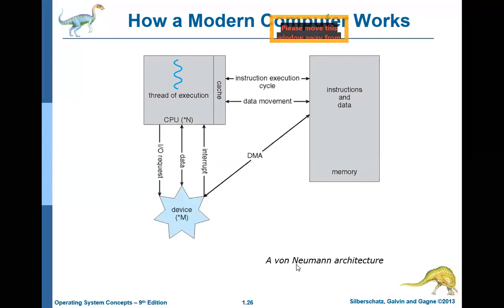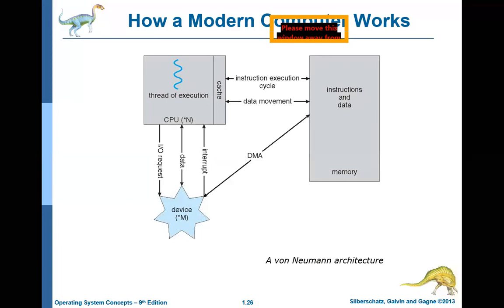In this von Neumann architecture, there are multiple devices. Even if you take the example of your computer, it must have multiple devices, either printer, scanner, or speakers.